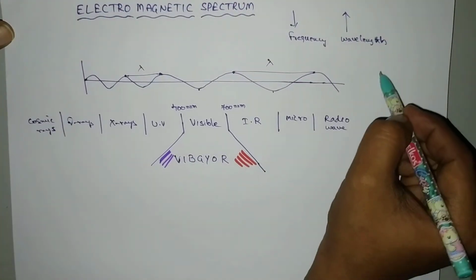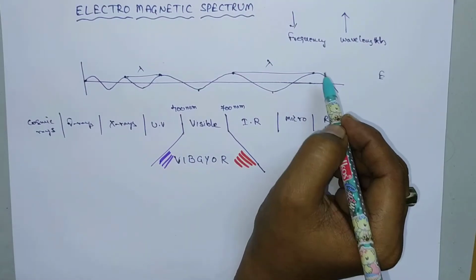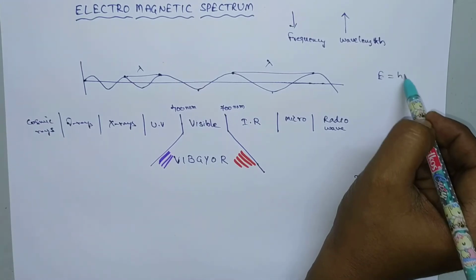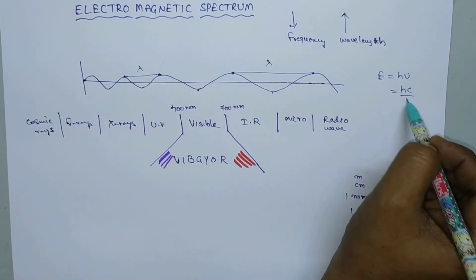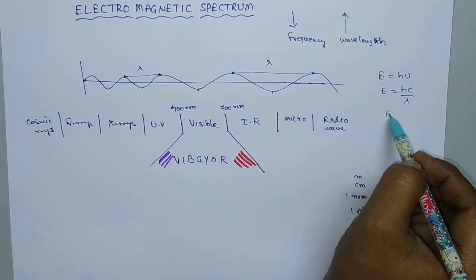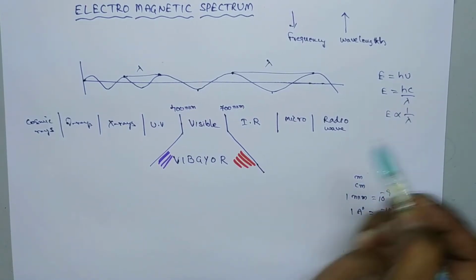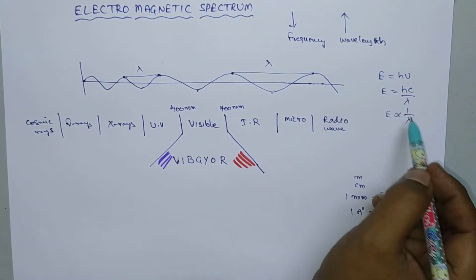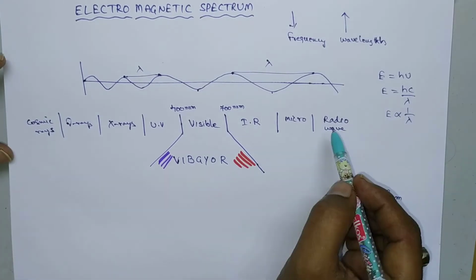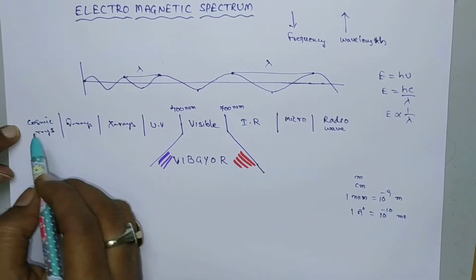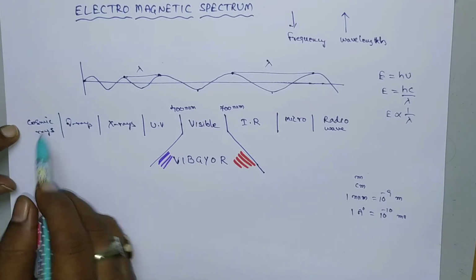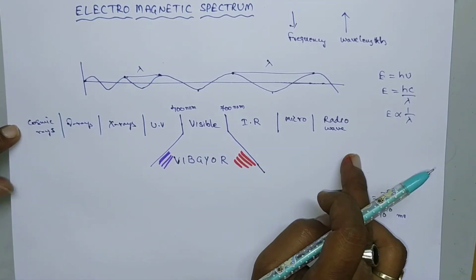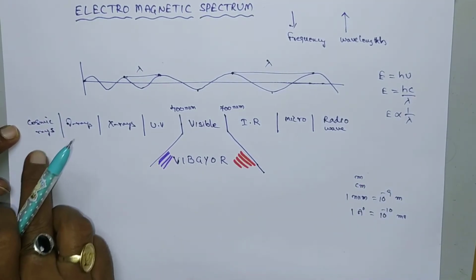You know very well that energy E is equal to h nu, or E is equal to hc by lambda. That means energy is inversely proportional to wavelength. If energy increases, wavelength decreases. So where the wavelength is least, the energy is highest. Over the entire electromagnetic spectrum, the radiation which possesses the highest energy is cosmic radiation.